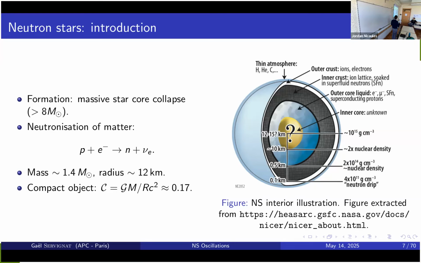There is an atmosphere, but inside you have a crust, in which we more or less know what happens. But very quickly, after a few hundred meters, we don't know what happens, and there are a lot of models. People have ideas, of course. But if we were able to detect gravitational waves coming from the neutron star, we could probe its inside and say, okay, maybe this model is better than the other, and this one is not really right.